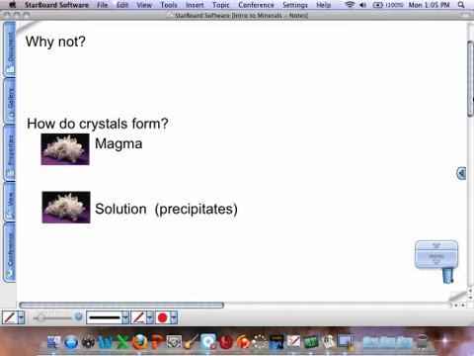What is magma? Molten rock, right? So it's literally the soup of minerals, all melted down. So then how do we get crystals out of that magma? Harden it, right? You've got to let the magma cool, the minerals find themselves, and they start to grow out.